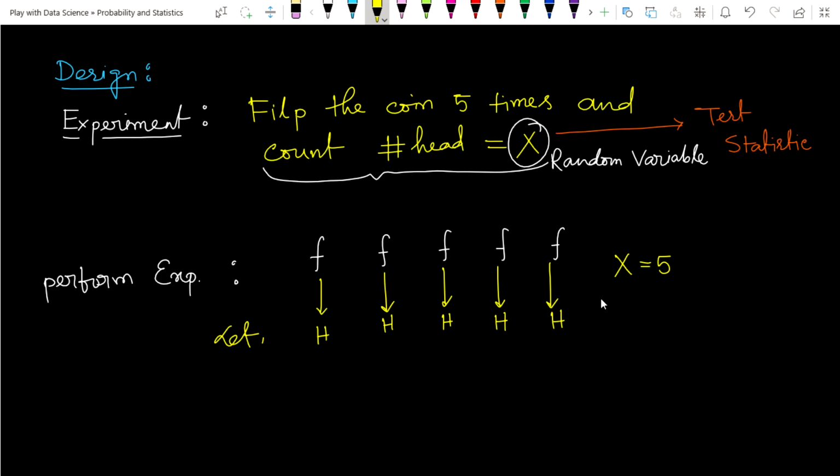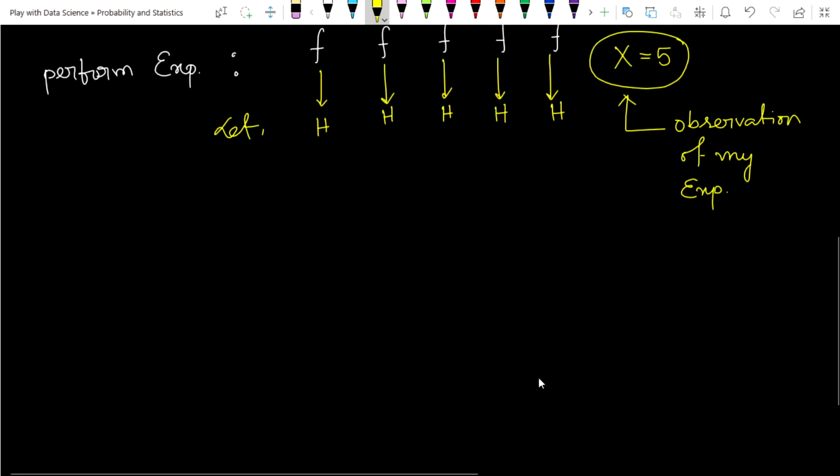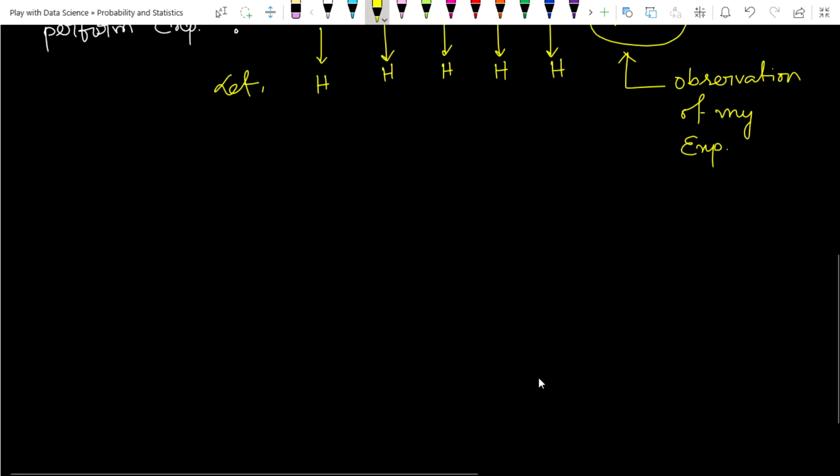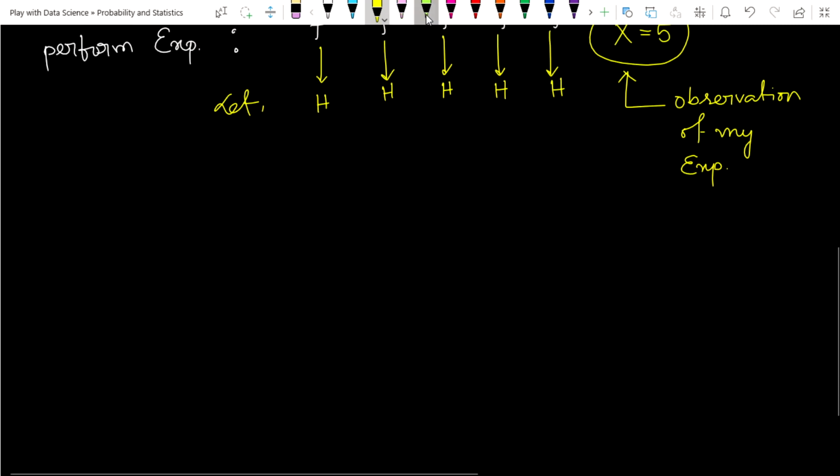Suppose this is 5, then this value, this x equal to 5, is called the observation of my experiment. That's the first thing.